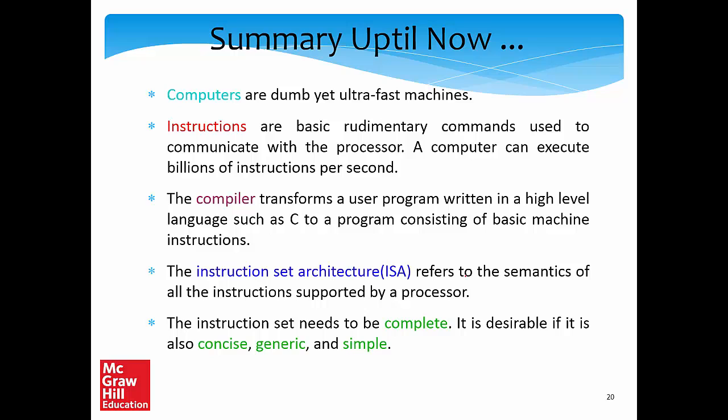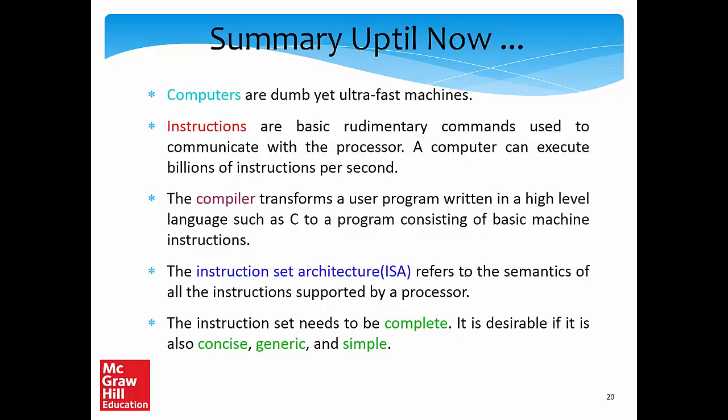So what's the summary up till now? Computers are dumb yet ultra-fast machines. Instructions are basic rudimentary commands used to communicate with the processor, very basic simple commands. The compiler's job is to transform a user program written in a language such as C to the language of instructions, which are encoded in terms of zeros and ones, such that the processor can understand it.